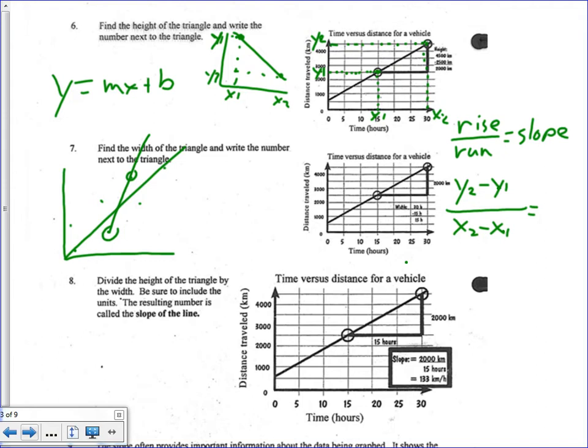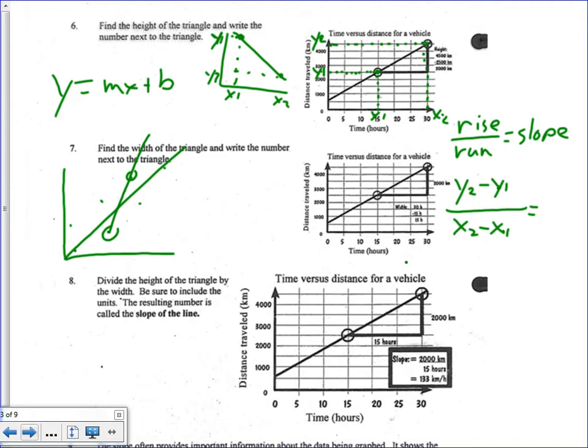So kilometers divided by hours is kilometers per hour. I'm calculating speed. If I was looking at, let's say, kilograms and weeks, my slope would be in kilograms per week. Could be like a graph of someone's weight loss, something like that.